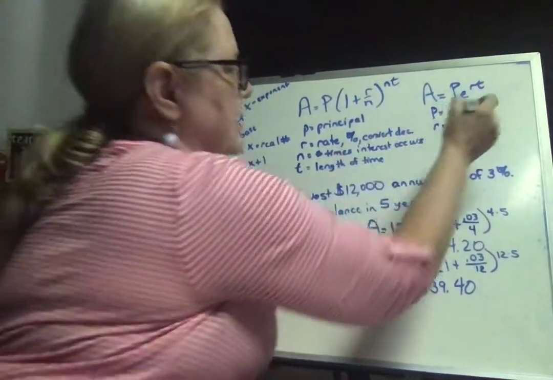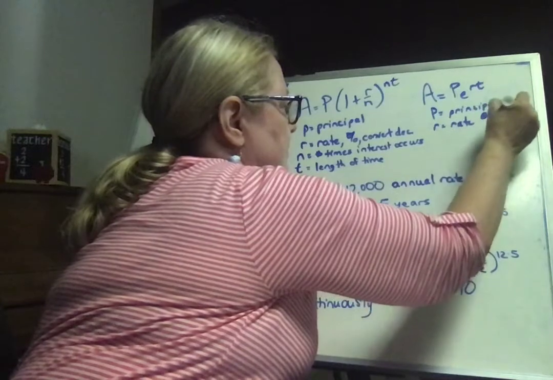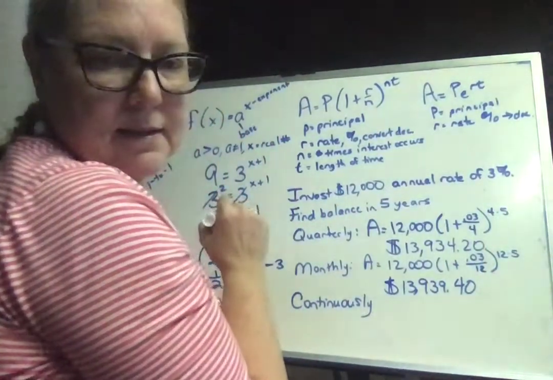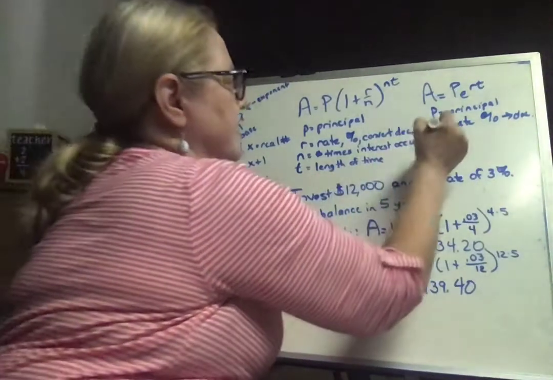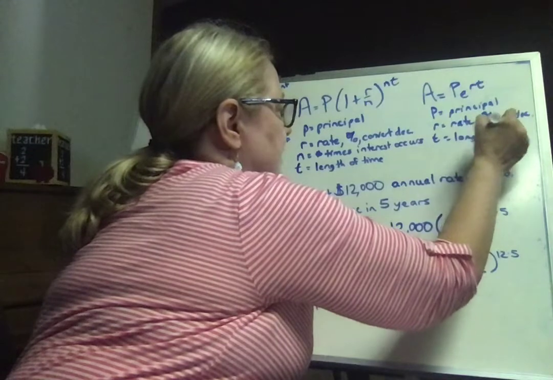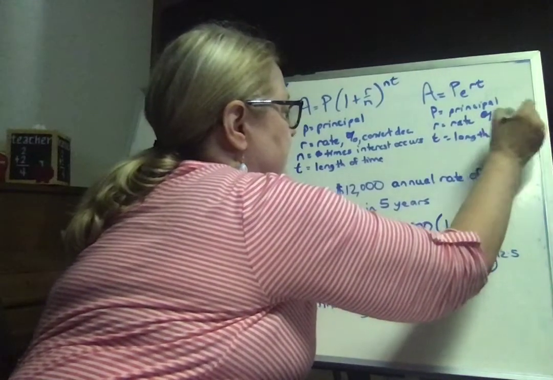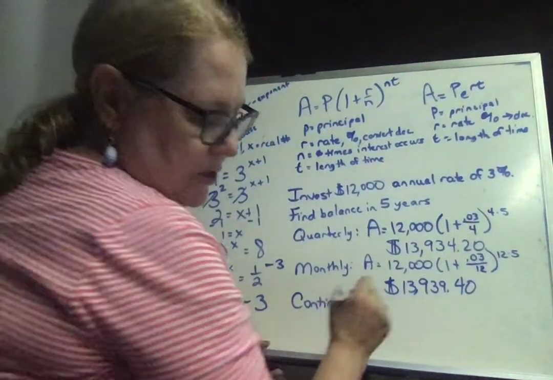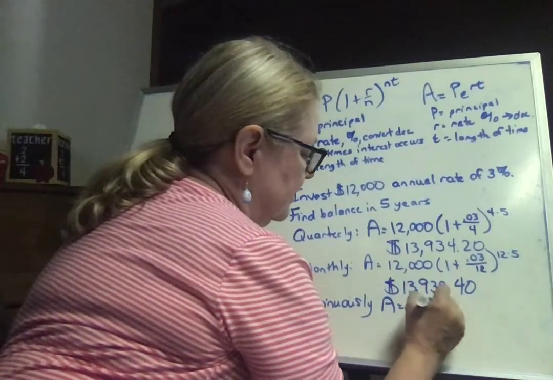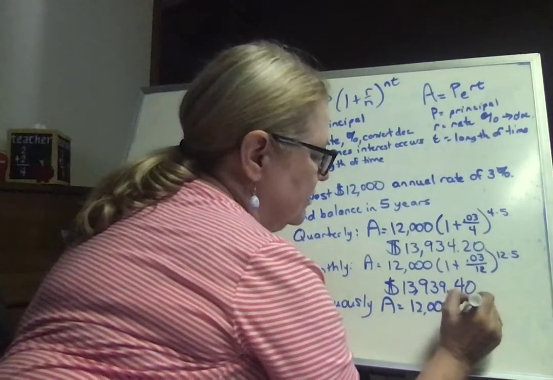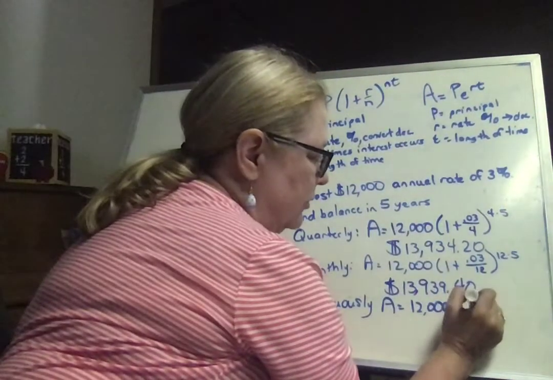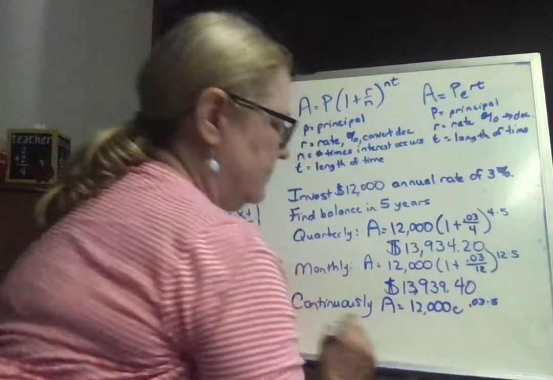Percent that we changed to decimal. And t is the same length of time. So this one we do A equals 12,000 e to the rt, continuously, the rate 0.03 times 5.